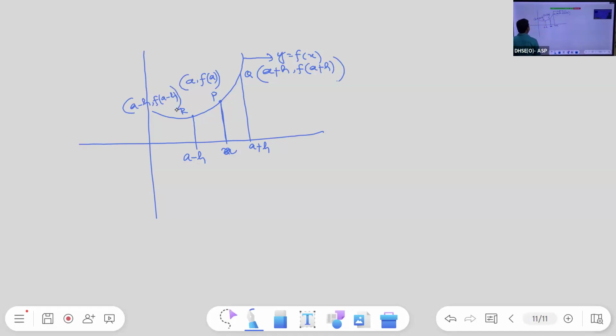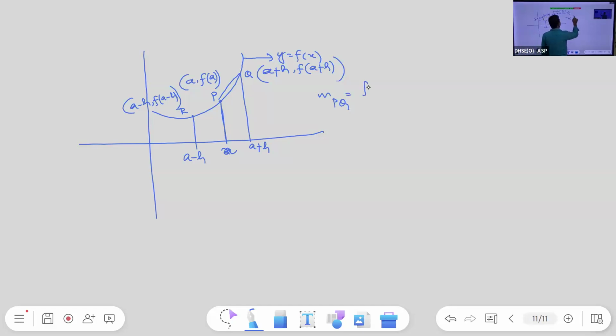Coordinates of point P are a comma f of a. Coordinates of Q are a plus h, f of a plus h. And coordinates of point R are a minus h, f of a minus h. The secant PQ, slope of PQ, m stands for slope. M PQ is equal to y2 minus y1 upon x2 minus x1.